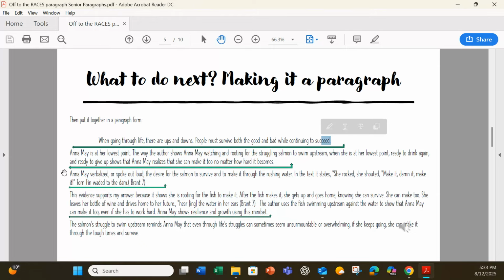Then you're going to take the Anna May verbalize. You're going to take your evidence and put it next to becomes and so forth. Evidence supports all the way next to the citation, branch 7. And you'll do that until it becomes an actual paragraph.